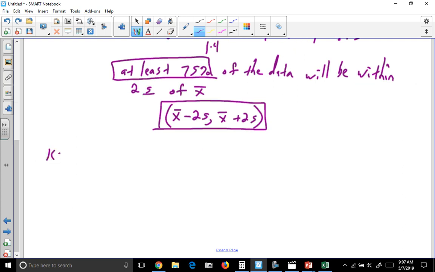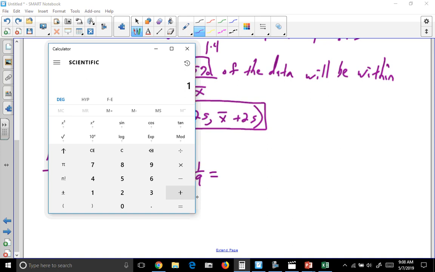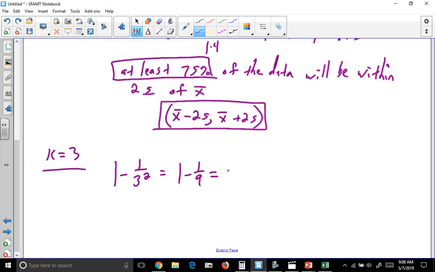If we look at 3, if we put a 3 in, we get 1 minus 1/9, which you can convert to a decimal in your calculator if you want to. So 1 minus 1/9 is about 0.8888. So that's about 88.9%.